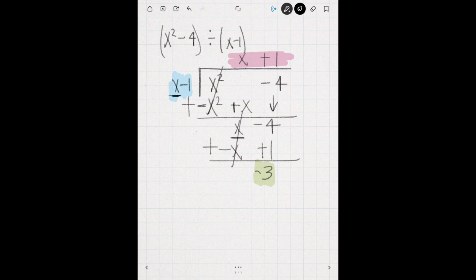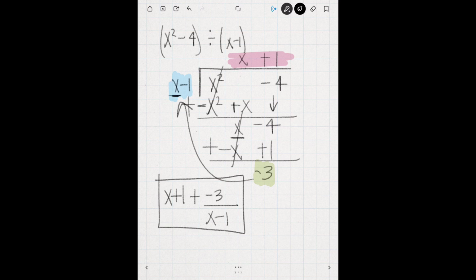I don't actually remember the words that they use, but you always want to do the pinks first. So x plus 1 plus whatever you have in the green, negative 3, divided by what you divided your whole problem by, x minus 1. And that's your final answer.